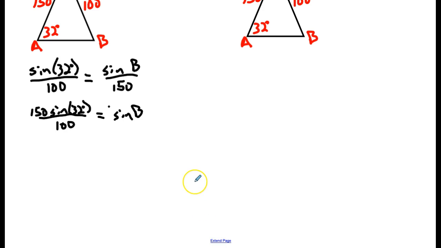Now I still need to get B by itself. To do that, if we're undoing sine, I want to take the inverse sine of both sides.